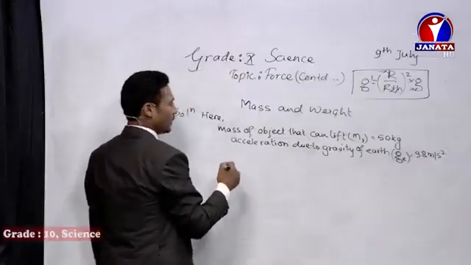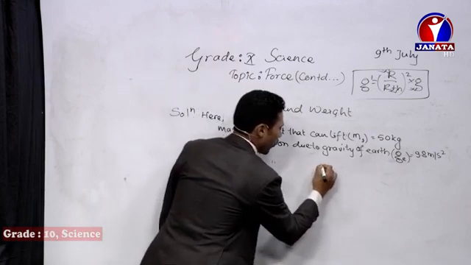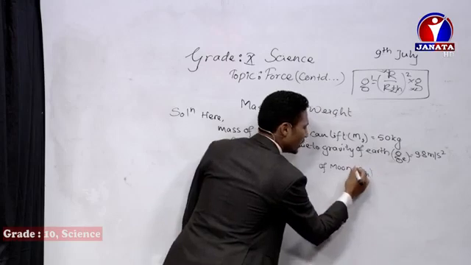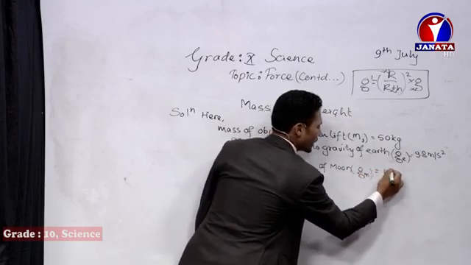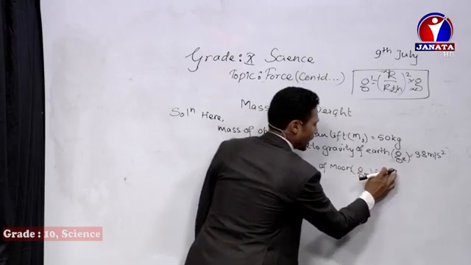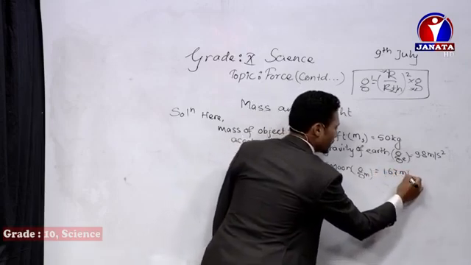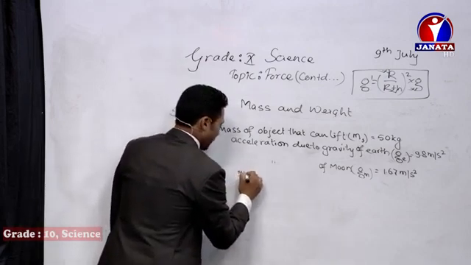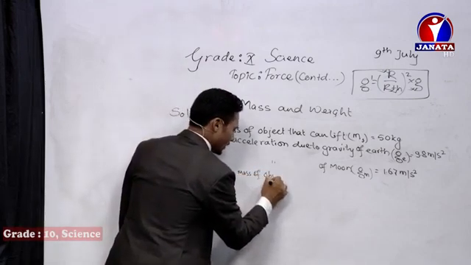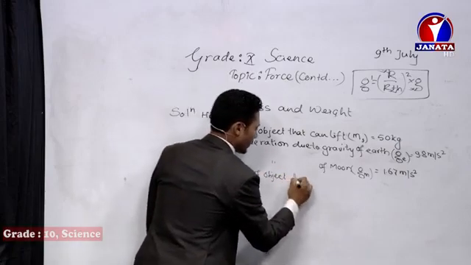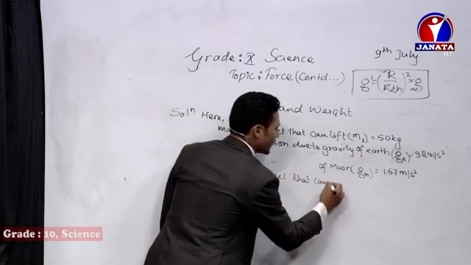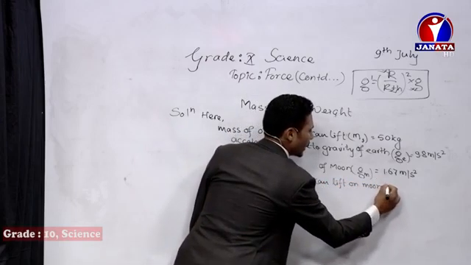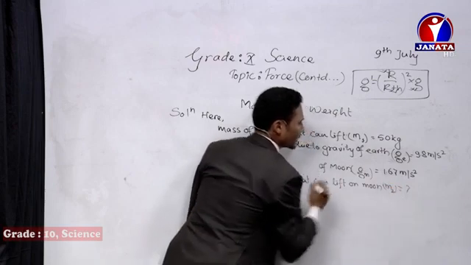And similarly the acceleration due to gravity of moon, g_m, equals 1.67 meter per second square. Okay, so the mass of object that can be lifted on the moon, that is m2, equals what?